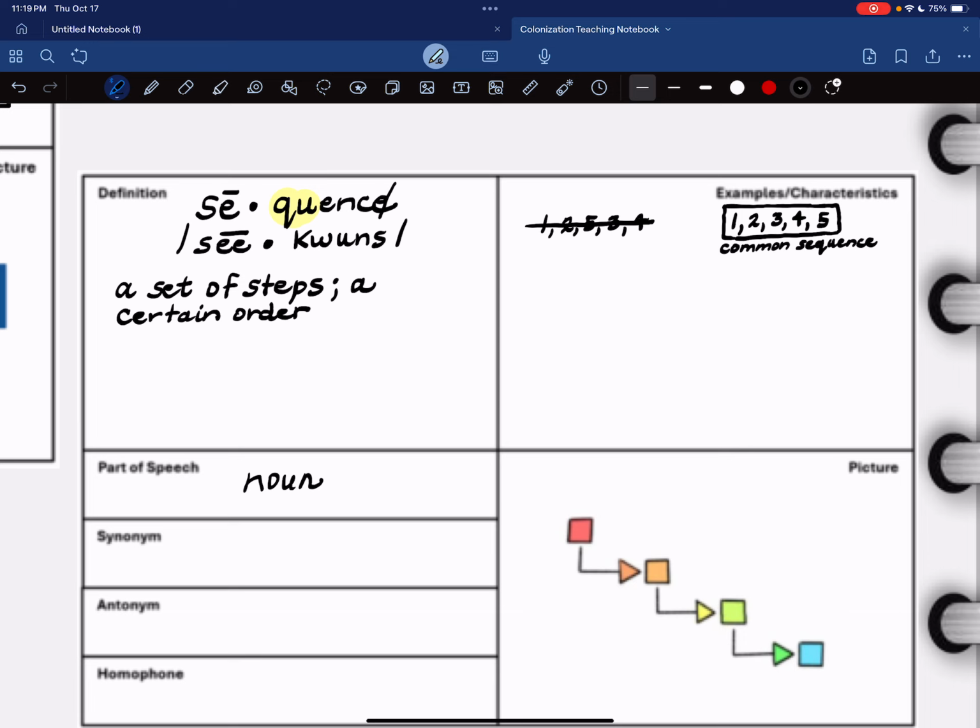Order is one of them, which we already used that one, but we'll put it in here. Series, that's a good one. You see that very often in math. A series is a sequence. There are others, but we'll just leave them there.